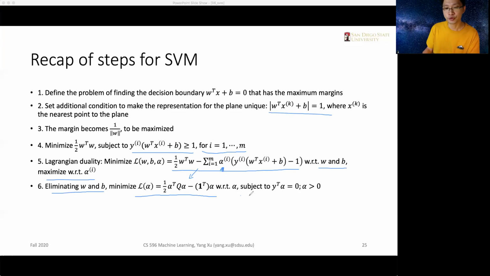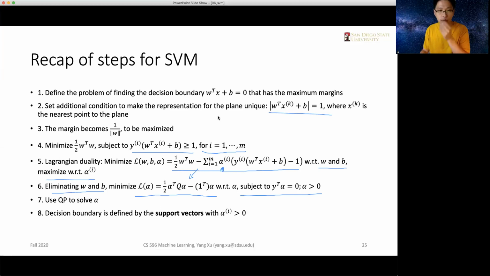Okay, with respect to the conditions, this is the final form that we get, and then we use software, numerical methods, which are basically iterative methods, to solve for alpha, and we have the solution for the alphas.